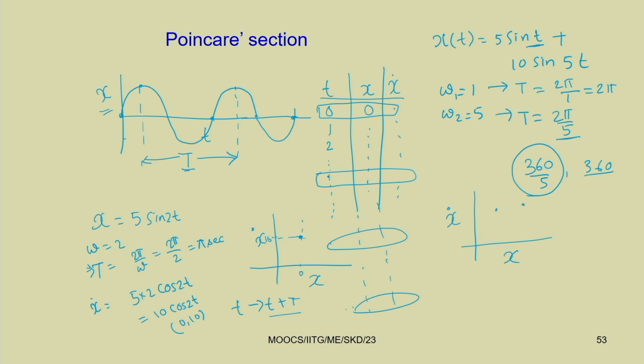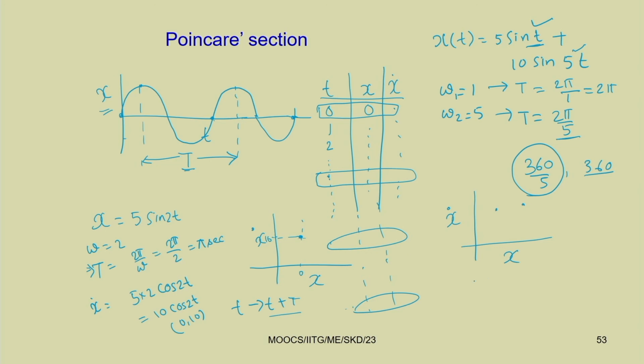So you have a 2-periodic response, and if you plot it using x versus x dot, it reduces to only 2 points. Instead of representing the response over the whole time, we can represent the same thing using this Poincare section with just 2 points.